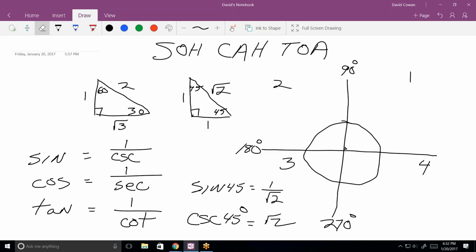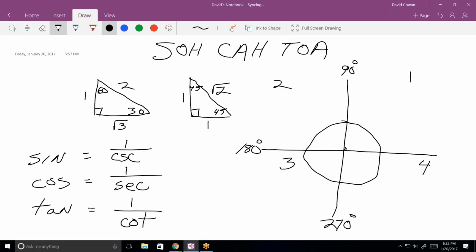I'm going to write root 2 always. So, between these two triangles and what I've written on the left, you can figure out all 6 trig functions of 30, 45, and 60, correct?